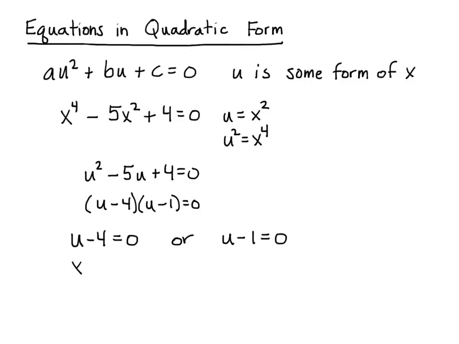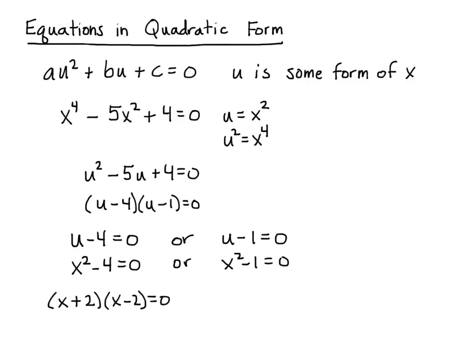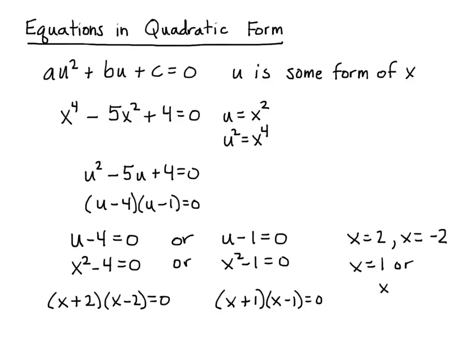And so we'll put x back into the equation, and x squared equals u, and lo and behold, what do we have? We have x squared minus 4 equals 0, x squared minus 1 equals 0, and so when we solve those by factoring, we now have 4 solutions. We have x equals 2, -2, 1, or -1.